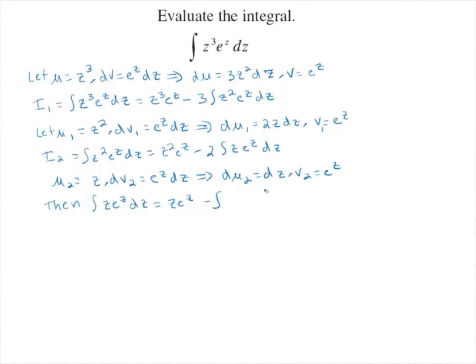So that is e to the z dz. So now we can take the integral of this here. So this equals z e to the z minus e to the z plus c sub 1.